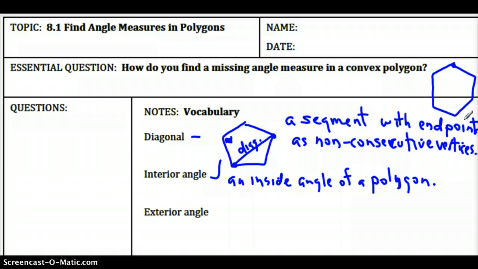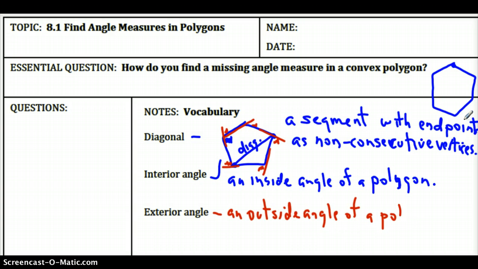There's actually interior sets of angles, so if I would extend, and extend, here's a set of exterior angles right here. So really it's an outside angle of a polygon. So those are our definitions for vocab here. I've got things marked on the figure. Let's proceed.